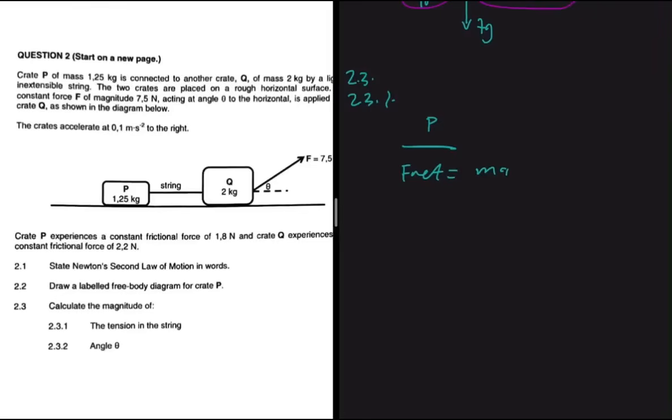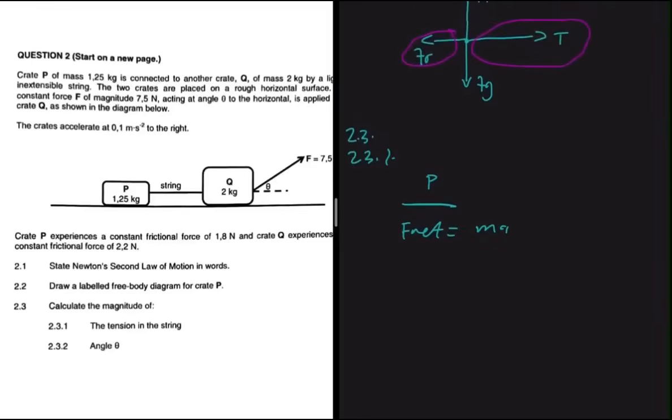We start with the bigger force and then subtract all the opposing smaller forces. We've already established that the tension is greater than the friction, so we have tension minus all the smaller forces. We only have friction opposing, so minus F_R equals ma. We're only considering the forces along the horizontal and not the vertical.